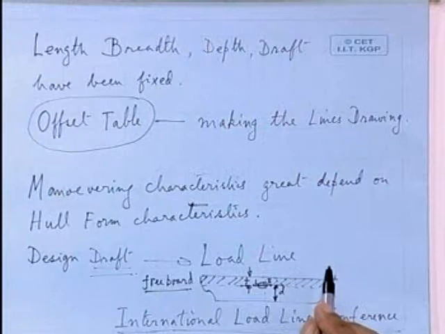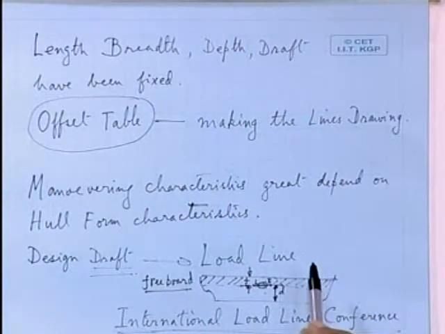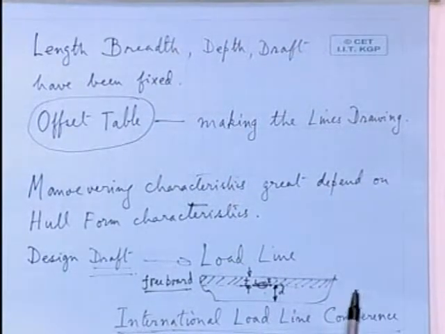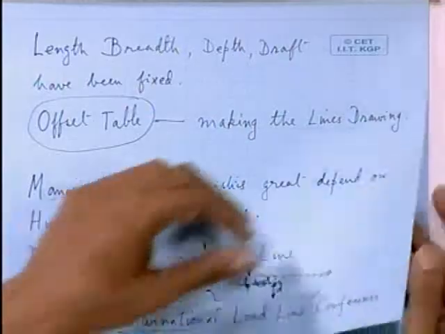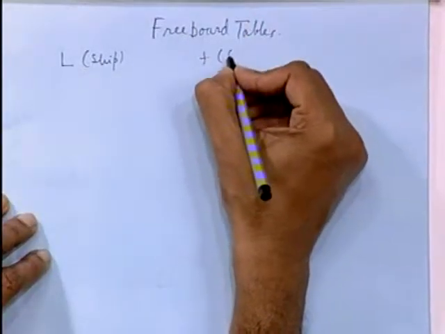So before you go into this lines plan, the draft has to be defined from the load line conference. The load line conference specifies, you will find from the tables, certain freeboard tables, where according to the length of the ship, the extent of F, that is the freeboard, is specified.